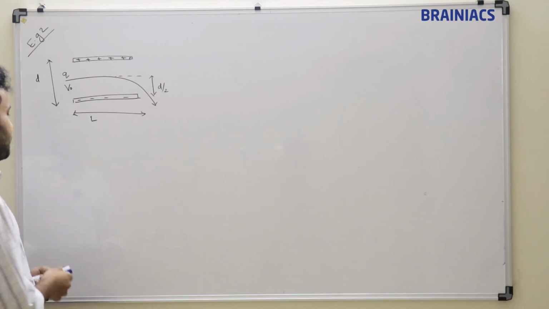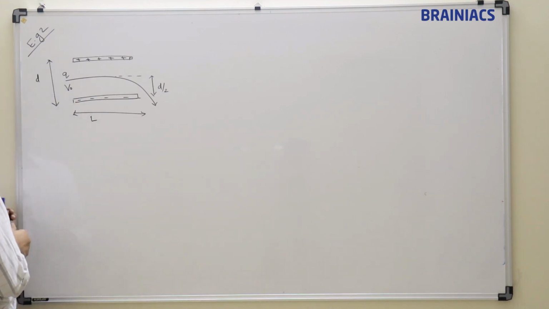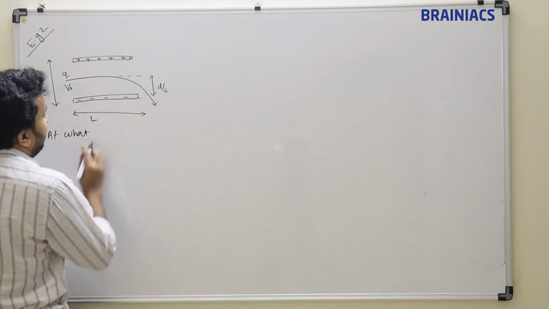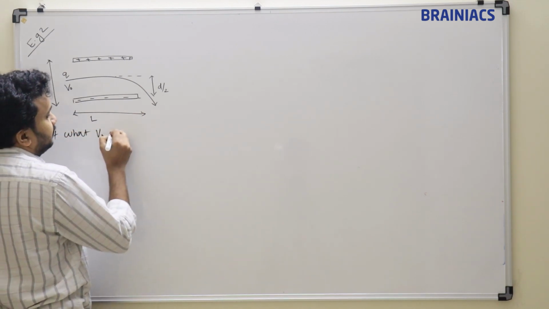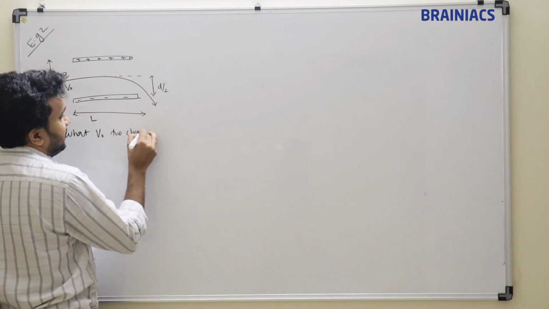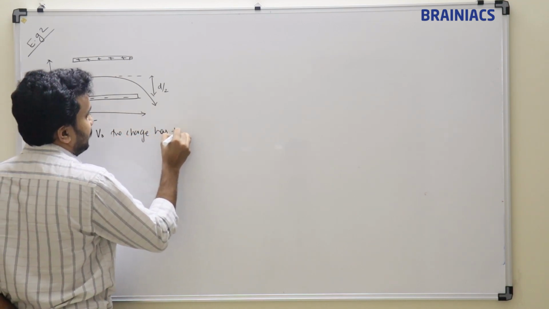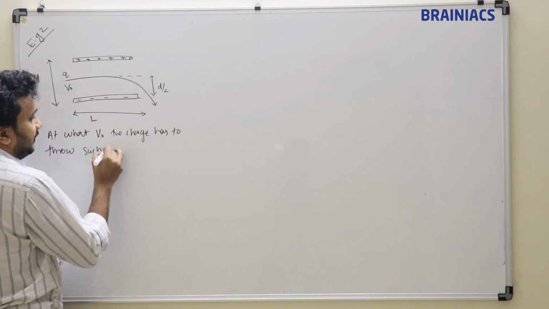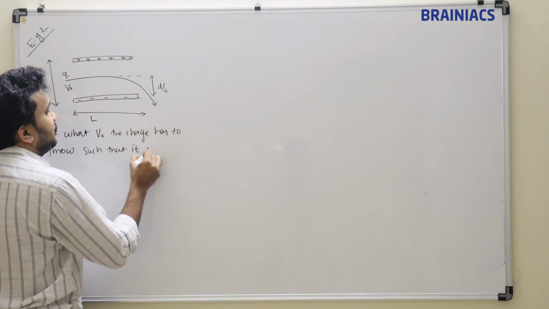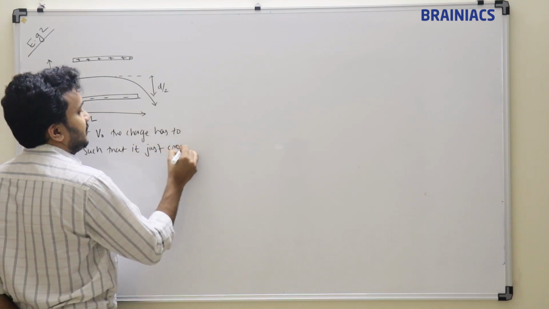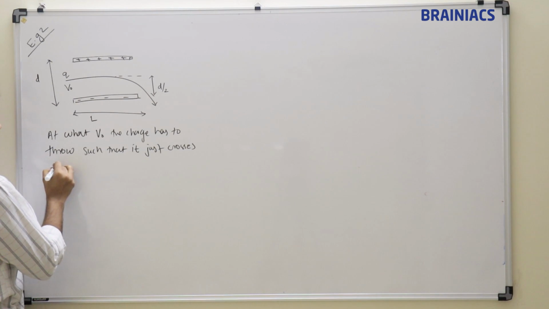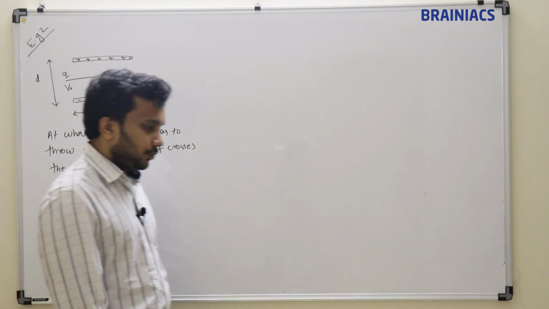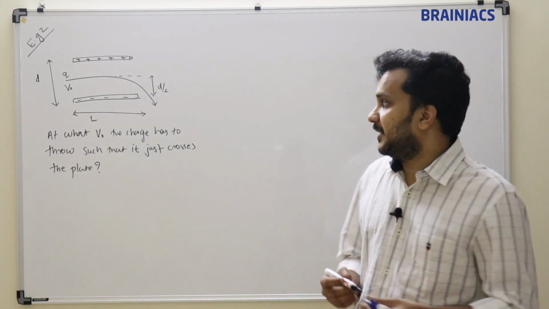The question is: draw the diagram and write down at what V0 the charge has to be thrown such that it just crosses the plate. What velocity do I have to throw such that it will just cross the plate?